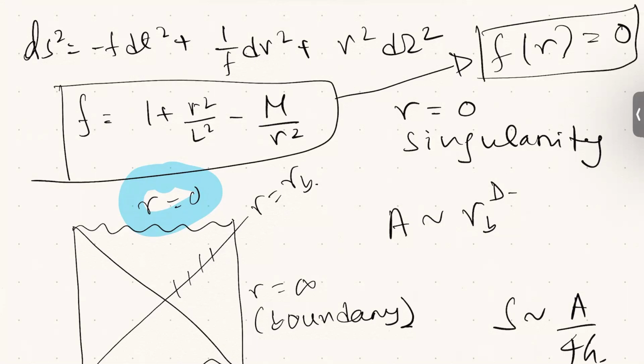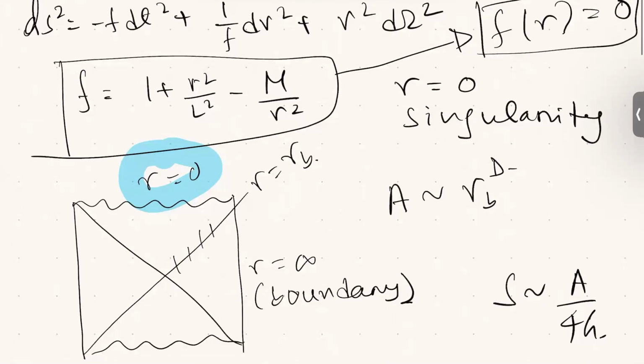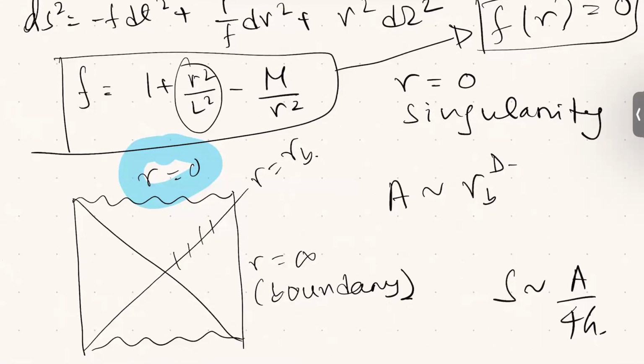And for example, when you vanish this term, basically r_B is given by, so basically you have a real r_B solution. Right? You can solve this f of r equals 0, and you get out where the horizon is, right?